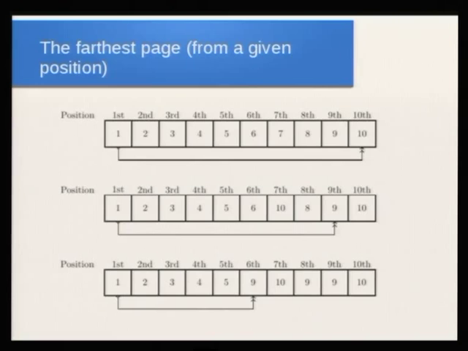So for example, in the first example there, we have page number 10 at position 10, which is farthest, and this arrow below represents the length of time that page 10 remains clean if you clean 10. And then in the second example, we have a different pattern for the writing, and the difference is that we also have a 10 here.